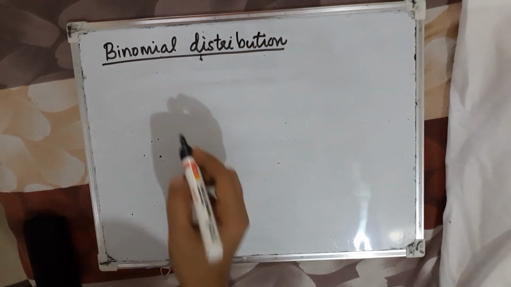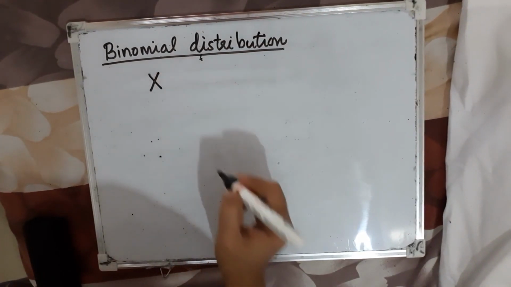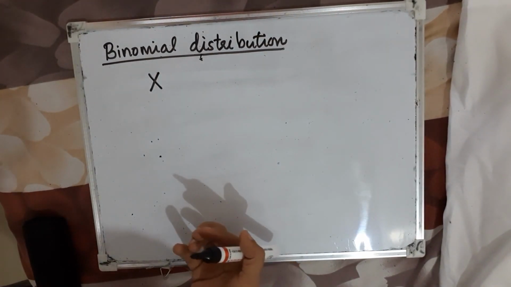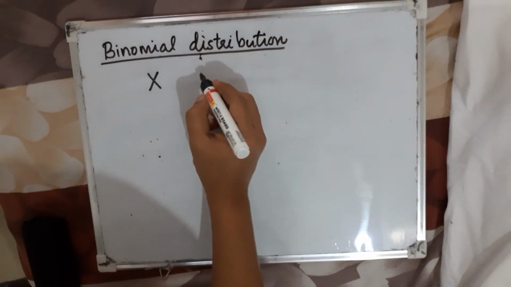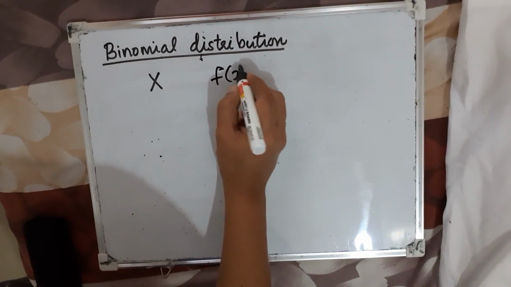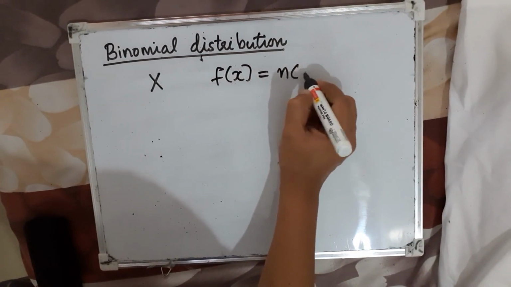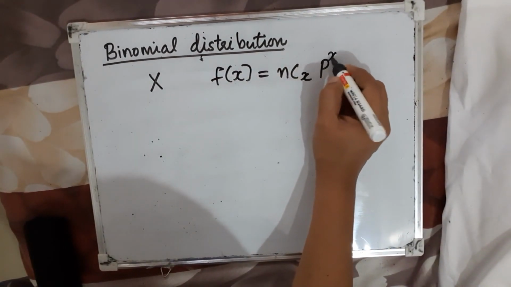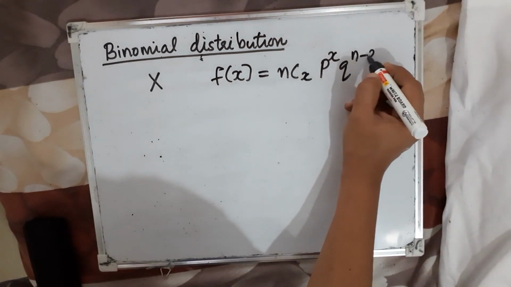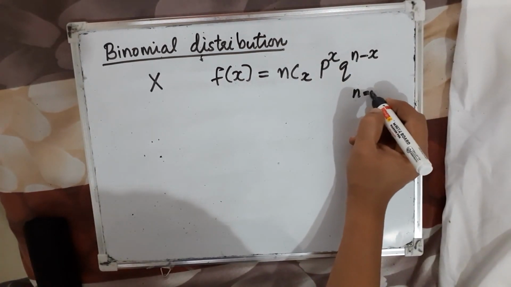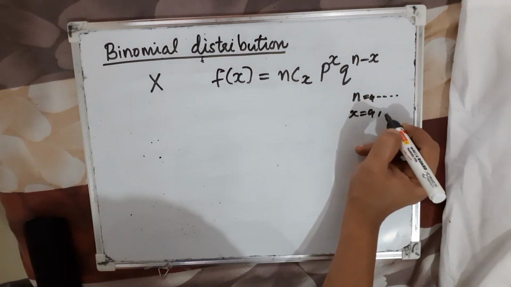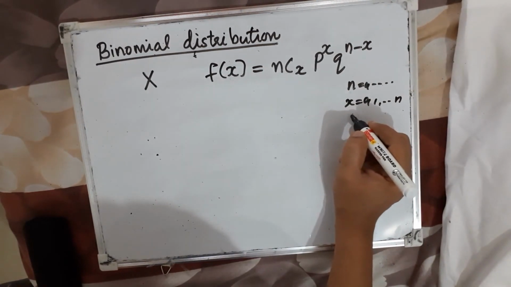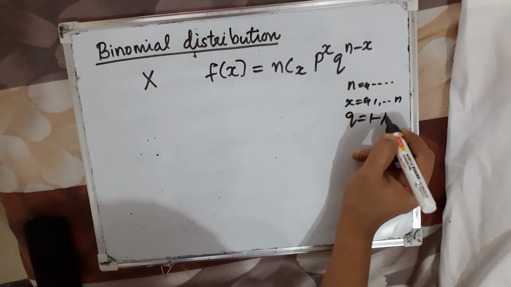So a discrete random variable x is said to follow a binomial distribution if its probability mass function is given by f of x equal to nCx p raised to x q raised to n minus x, where x equals 0, 1, 2, etc., up to n, and q equals 1 minus p.